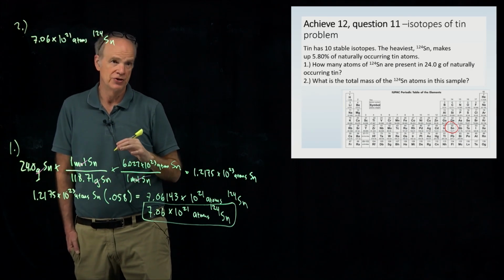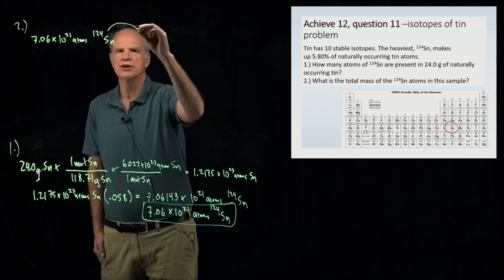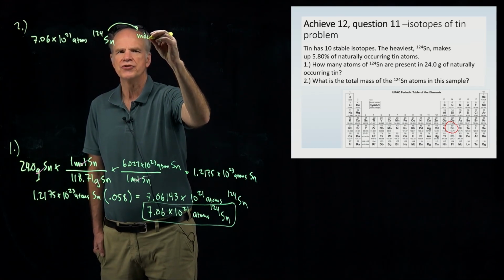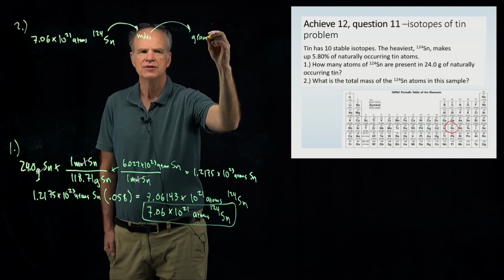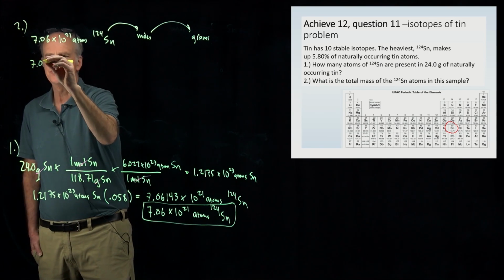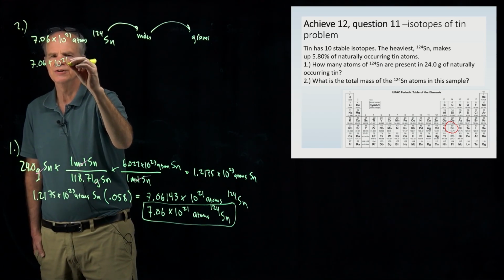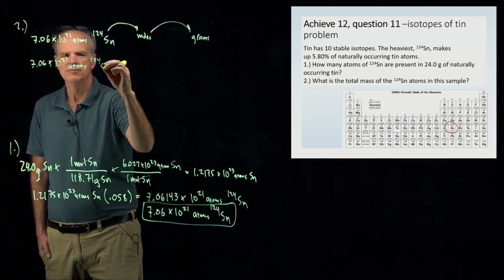And so let's first figure out a strategy. I would suggest that you take atoms here and get this into moles, and then moles into grams. Okay, so let's go ahead and try this. So it's 7.06 times 10 to the 21 atoms of the tin isotope.